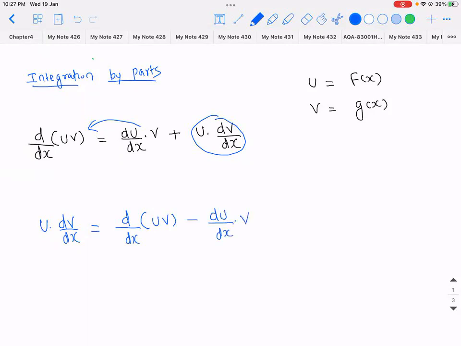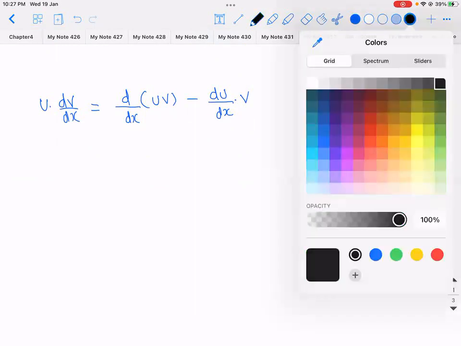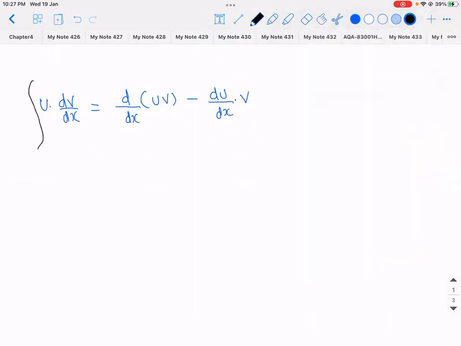We are doing some simple algebra. Now what I'm trying to do is integrate both sides with respect to dx.